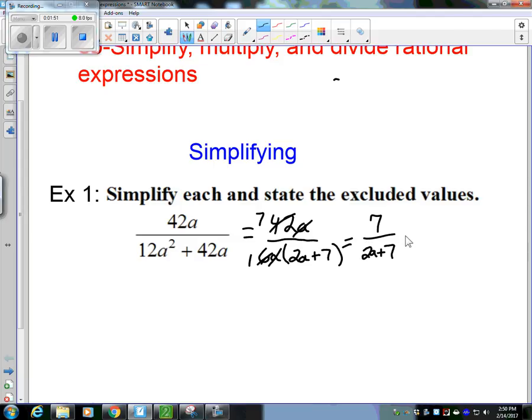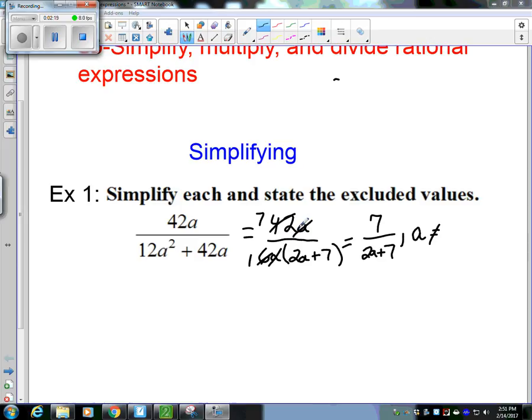We also have to state the excluded values of what a, not x, a, cannot equal. So we look at what, numerator and denominator variable-wise, we've canceled out, simplified out, and those are the a's in this case.